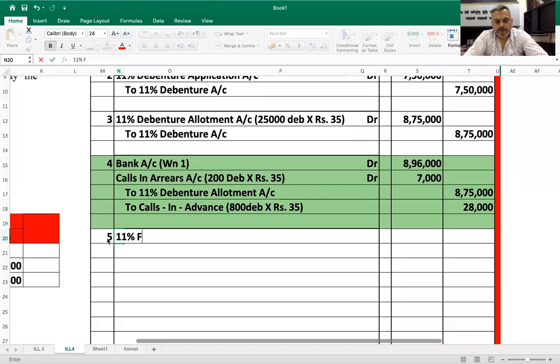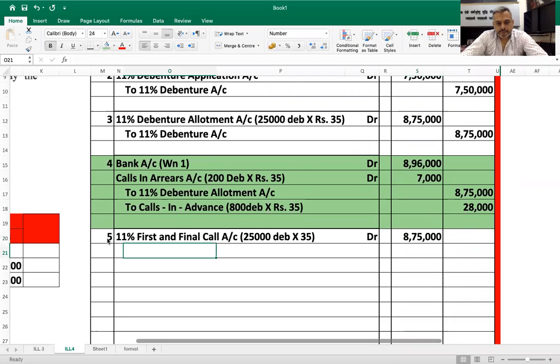So 11% first and final call account, 25,000 debentures into 35, 8,75,000, to 11% debenture account, 8,75,000. Debenture always with the face value.